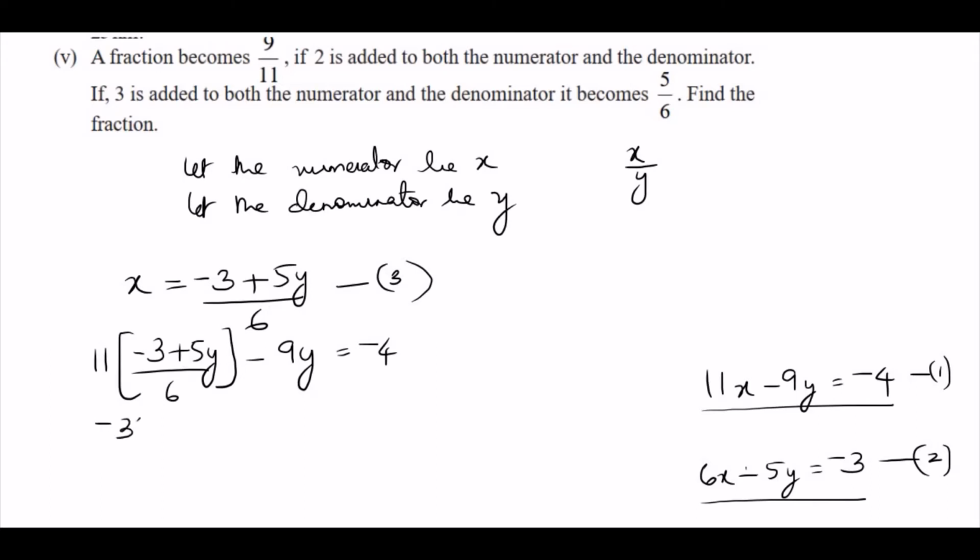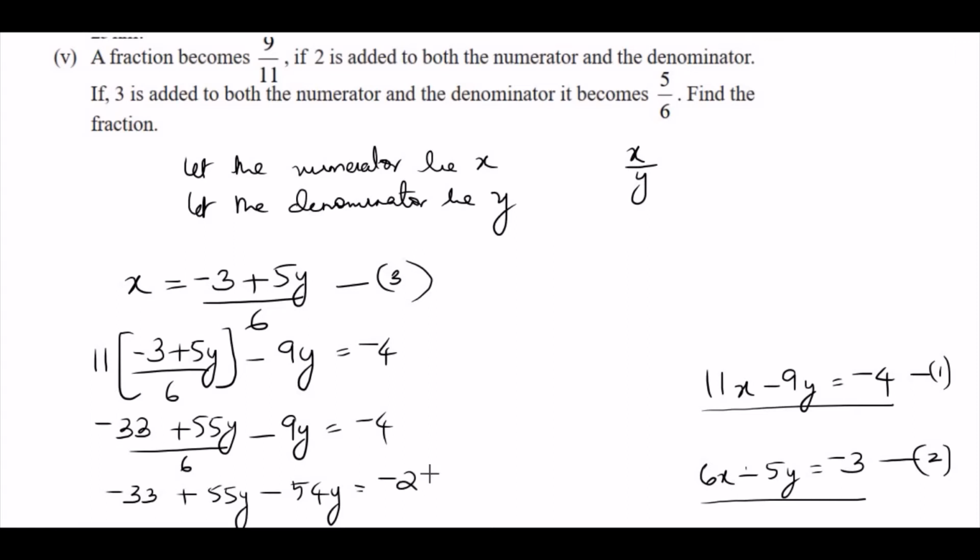So minus 33 plus 55y by 6 minus 9y is equal to minus 4. So when you take the LCM, you get minus 33 plus 55y minus 9 into 6 is 54y by 6. When you cross multiply this 6, you get minus 24. So minus 33 plus y is equal to minus 24.